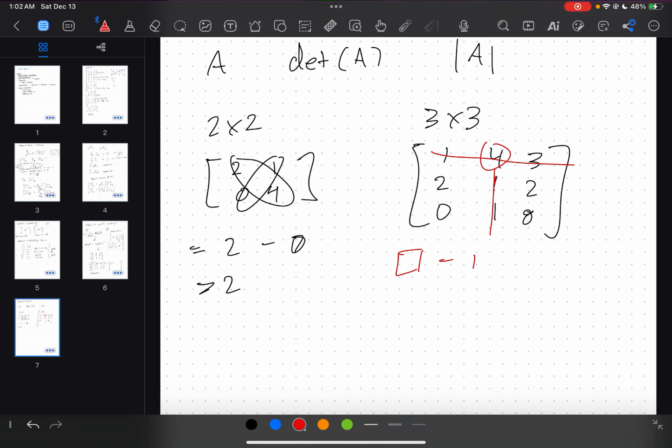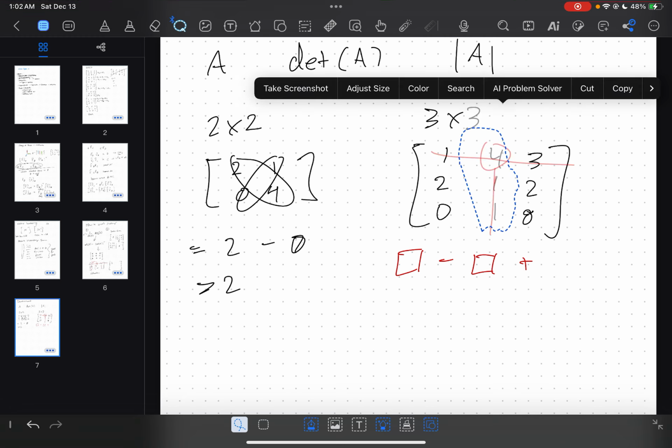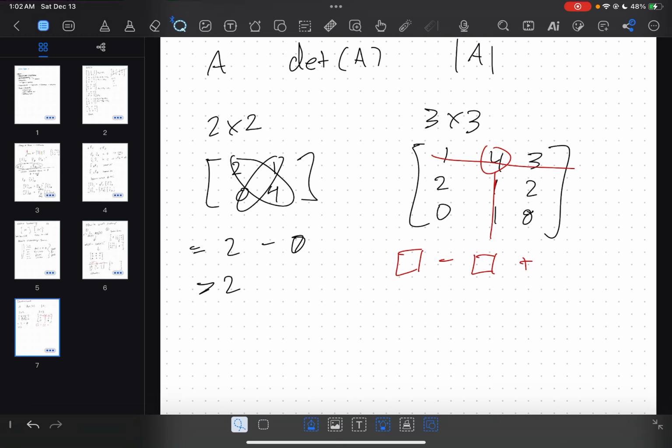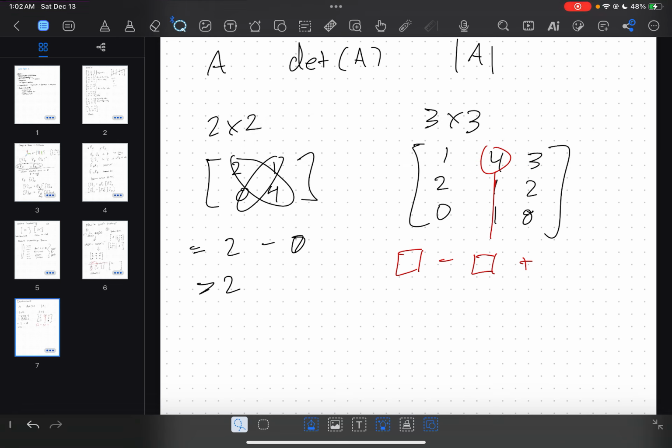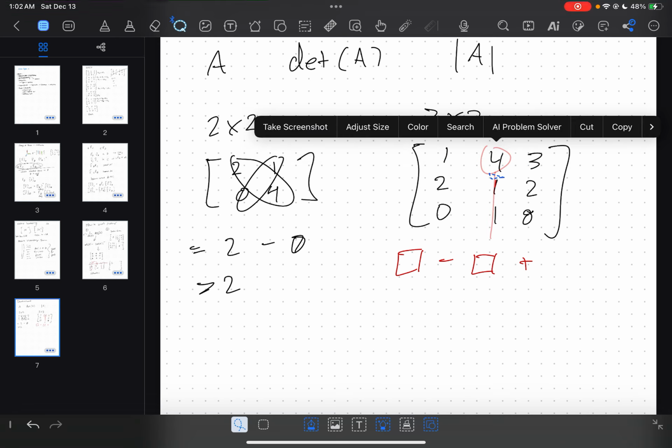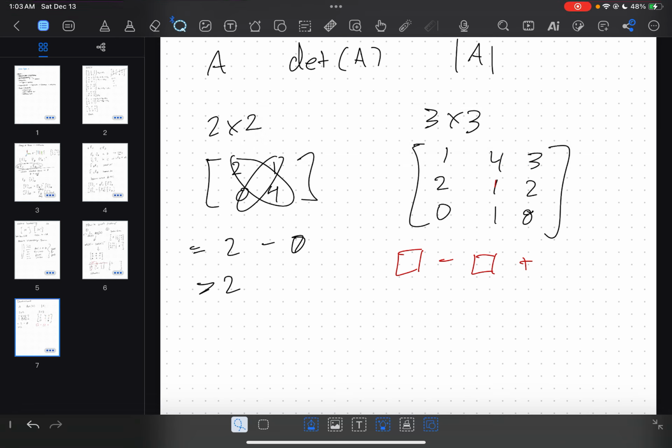Minus that determinant, plus, oops, delete this, delete this, plus you want to add this one, and whatever this one crosses out, take this one, put it here.